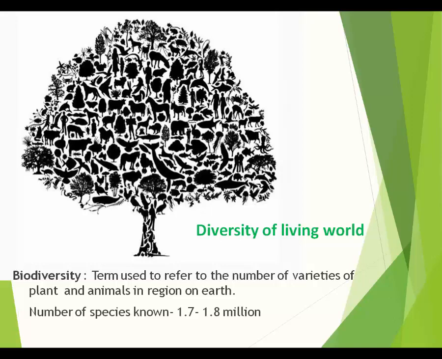Right now, there is an estimated number of 1.7 to 1.8 million different types of life forms existing. Within that, we have written documentation of around half of this number. So this gives you an idea of how vast our living kingdom is.